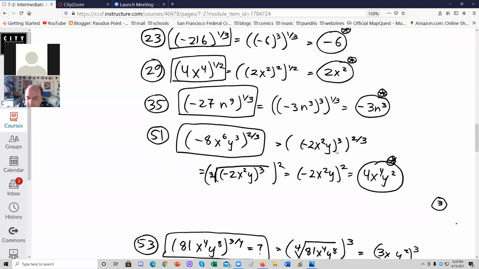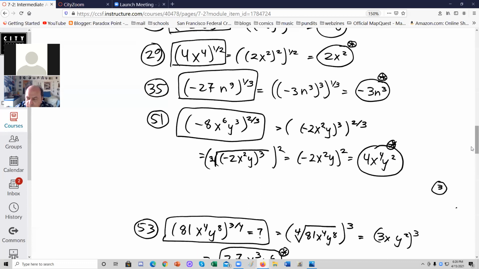And a 2/3 power is the square of a cube root. And cube root of a cube cancels, so you get negative 2x squared y, all squared. Negative 2 squared is 4. X squared squared is x to the 4th, and y squared is y squared. So you get 4x to the 4th y squared.